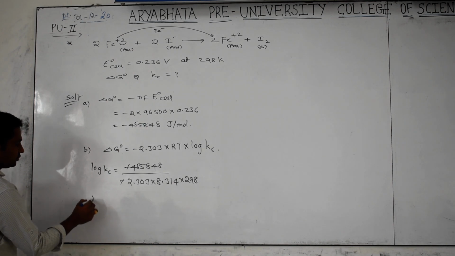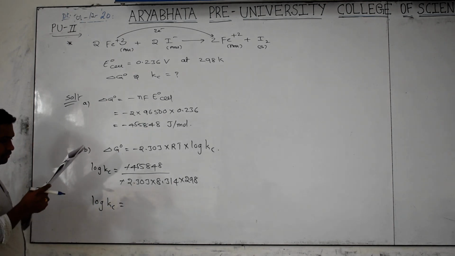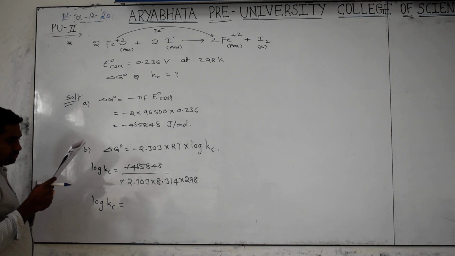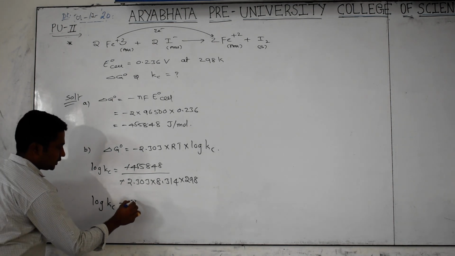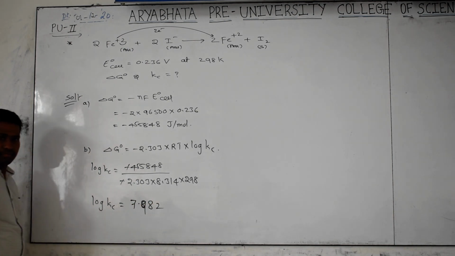Minus cancels minus. Then simplify, and we are getting log Kc equal to 7.982. Yes, no? 7.982 is coming.